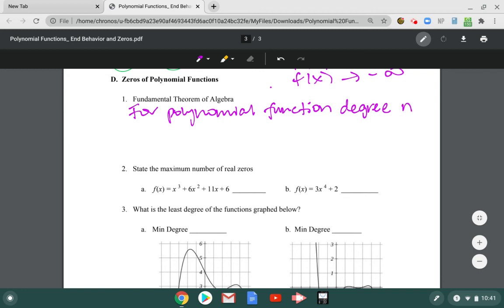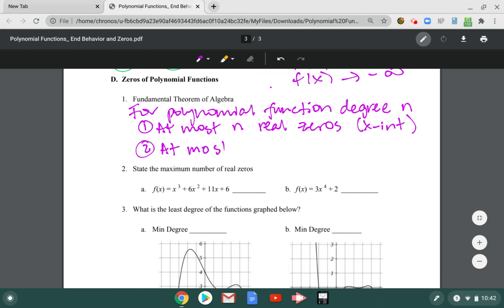So for a polynomial function of degree n, we actually have two results here. Number one, there are at most n real zeros, also known as x-intercepts. Number two, there are at most n minus 1 turning points.